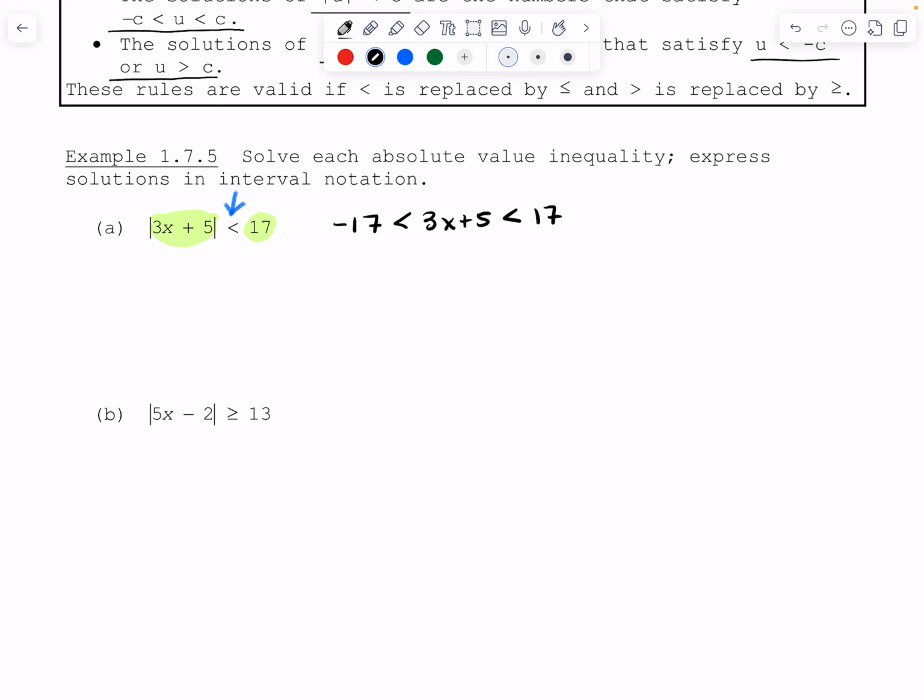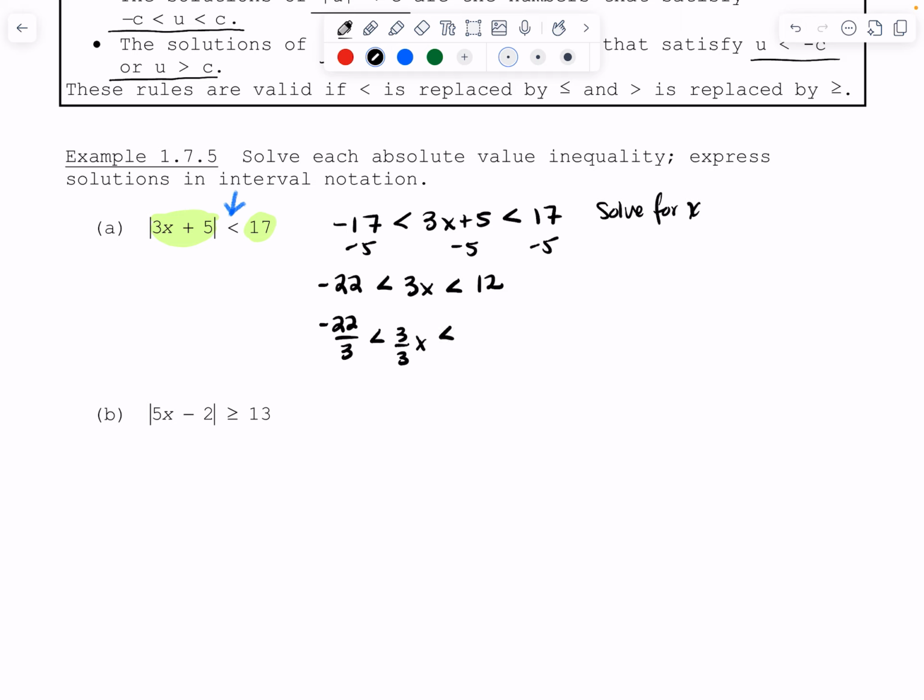Now solve for x. I'm going to subtract 5 off of both sides. So I get negative 22 is less than 3x, which is less than 12. Now my next step is to divide everything by 3.